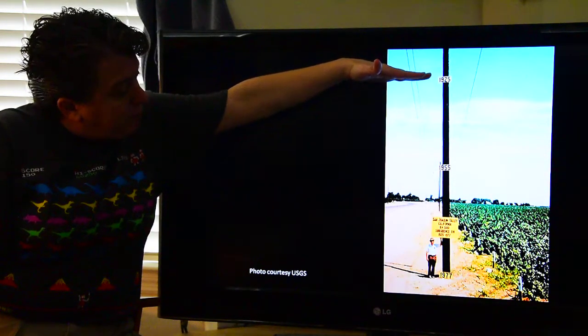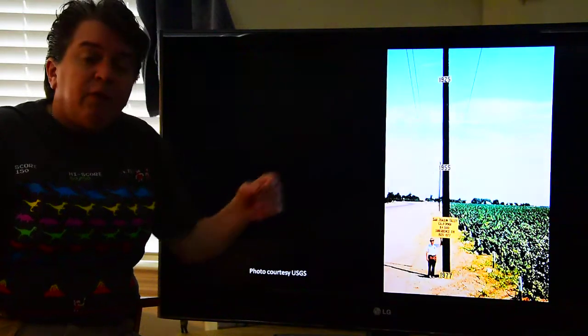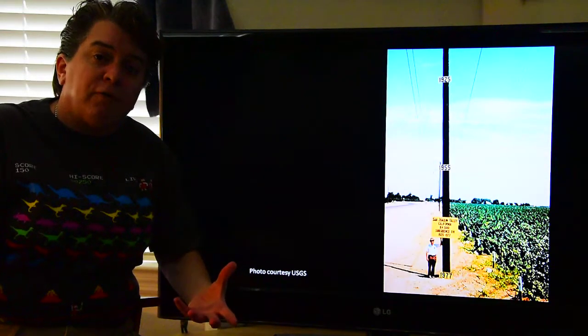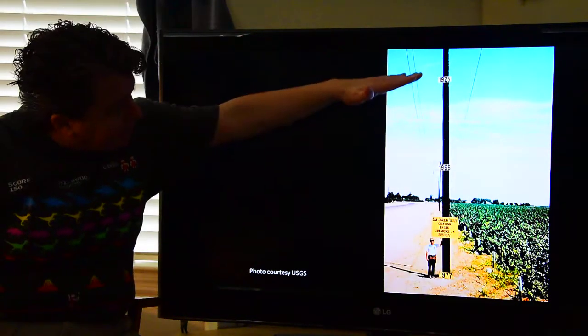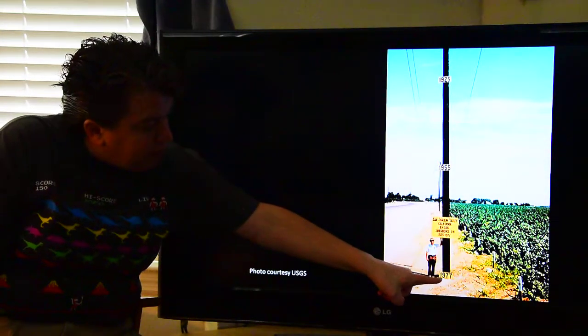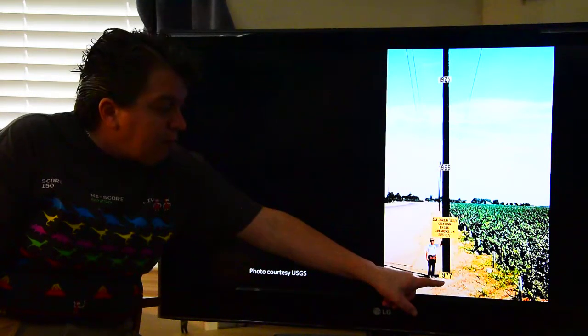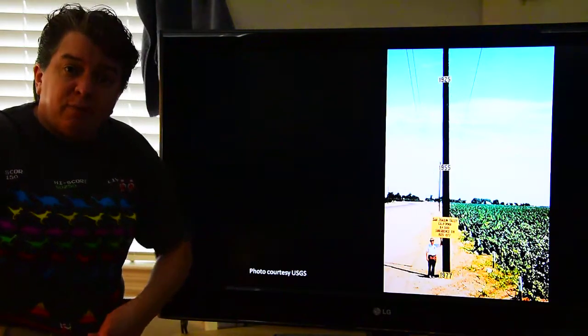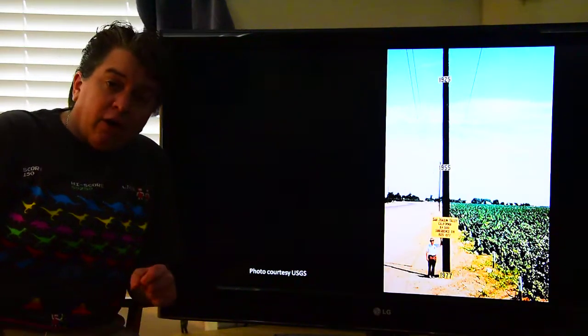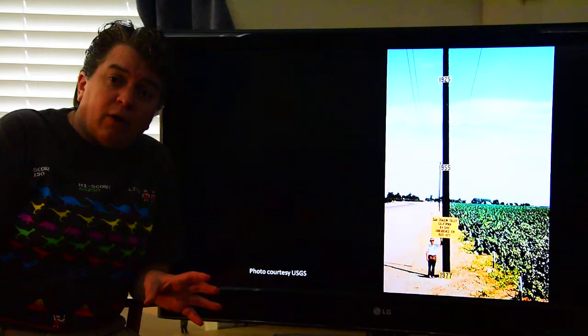But in the course of about 50 years, they withdrew so much groundwater for irrigation in this area that those sediments compacted, and the elevation by 1977 was all the way down there. That's 30 feet of subsidence that occurred because of withdrawing this groundwater.